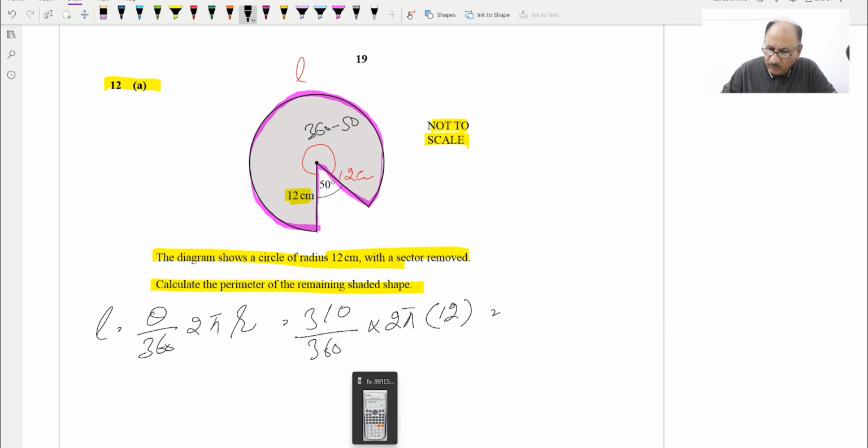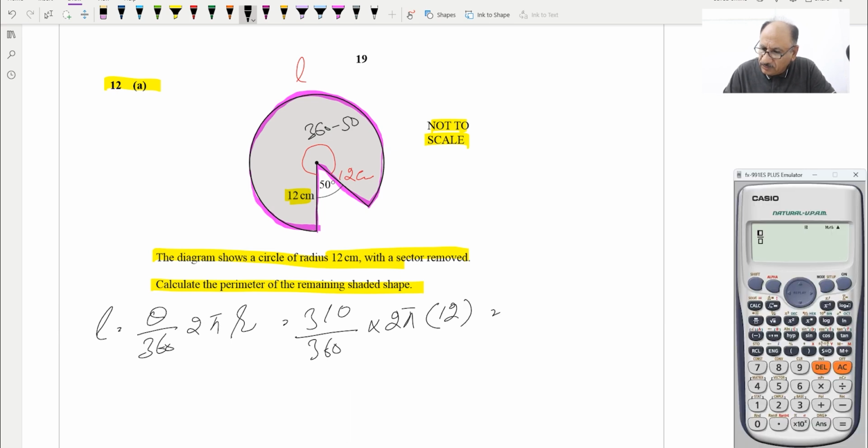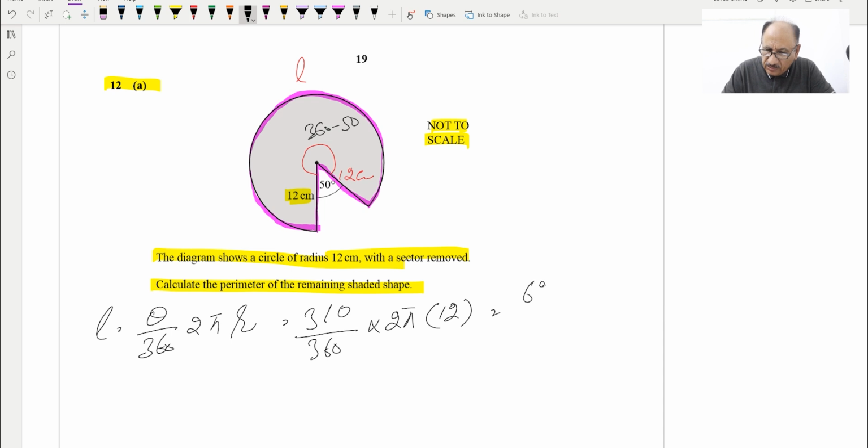We can find this will be 310 over 360 multiplied by 2 pi and into 12, which is equal to 62 by 3 pi. 62 by 3 pi will be our length L.